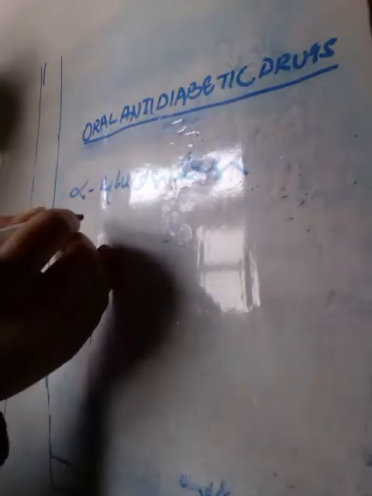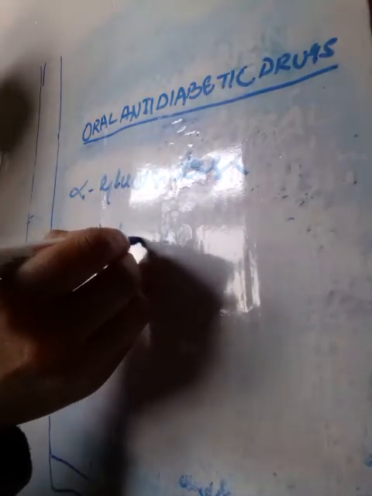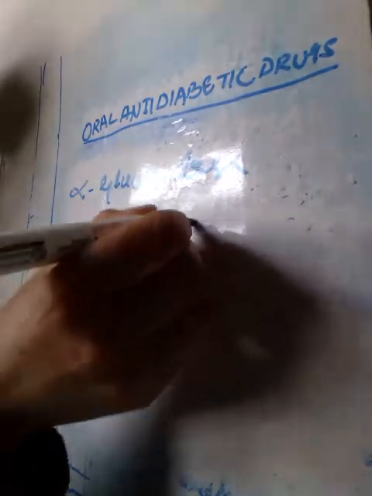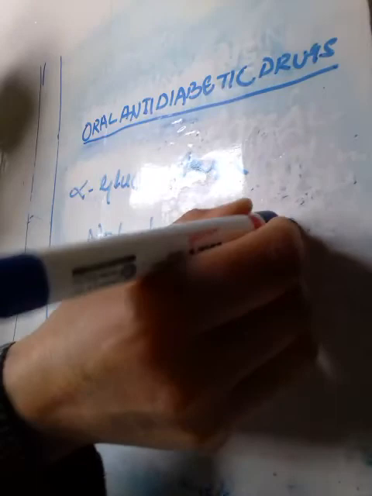Alpha-glucosidase inhibitors do not cause hypoglycemia.